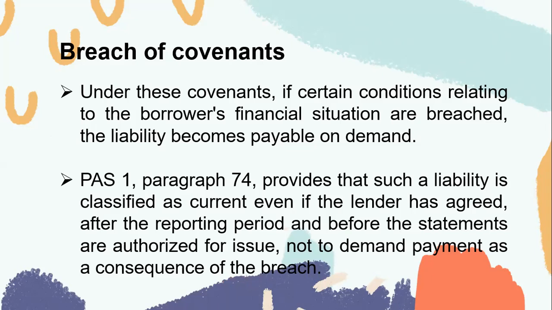It is considered current because at the end of the reporting period, the entity does not have the unconditional right to defer settlement for at least 12 months after that date. However, the liability is classified as non-current if the lender has agreed on or before the end of the reporting period to provide a grace period ending at least 12 months after that date.